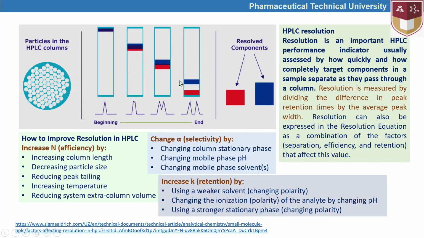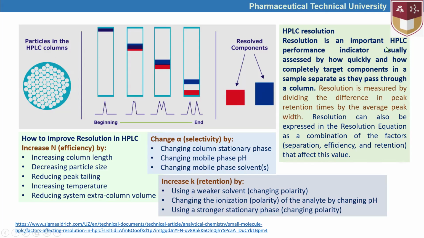If the column is not long enough, we may not see exact separation of A and B compounds, red and blue, that could be detected with the peaks, something like this. And so these are well-resolved compounds.